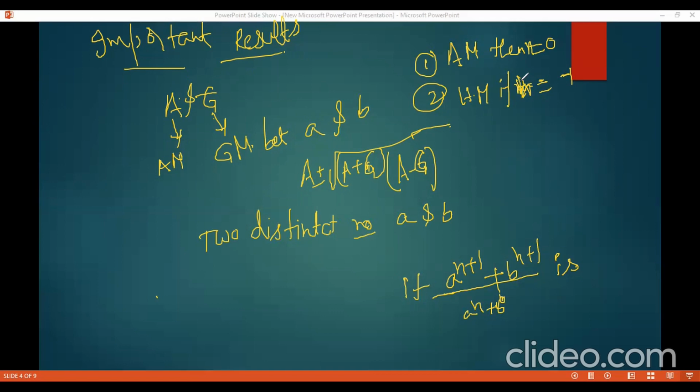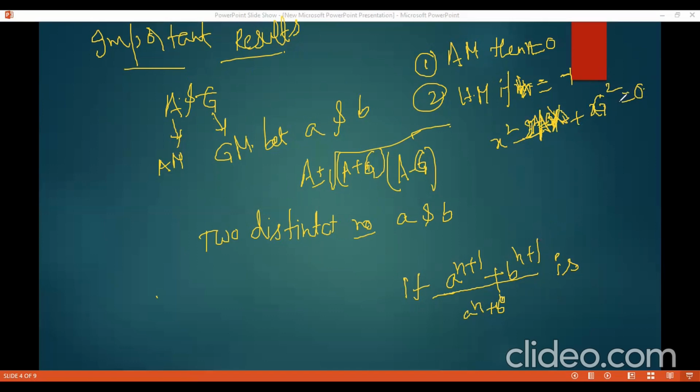Next, if you write the equation whose roots are A and B, you can easily write down x square minus 2ax plus g square is equal to 0.